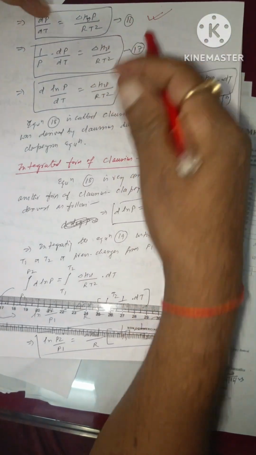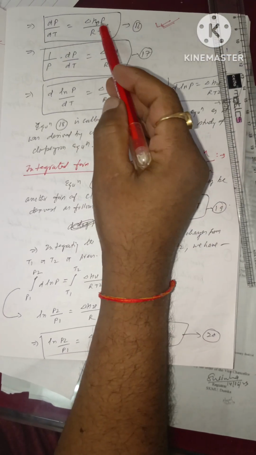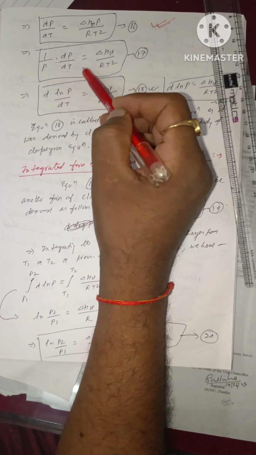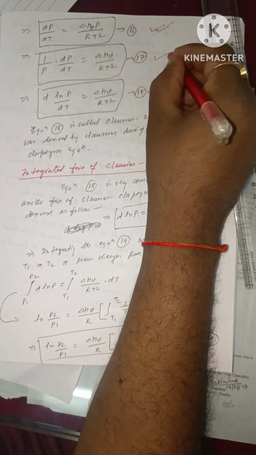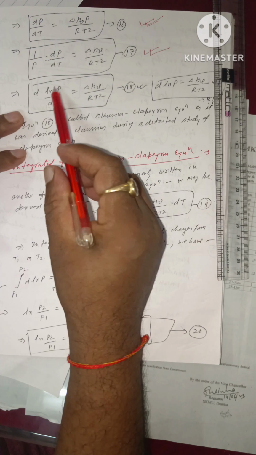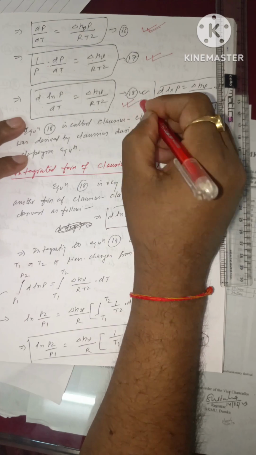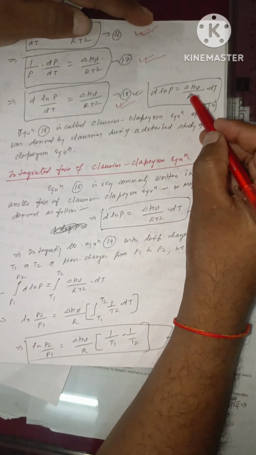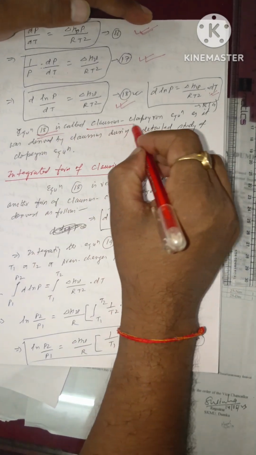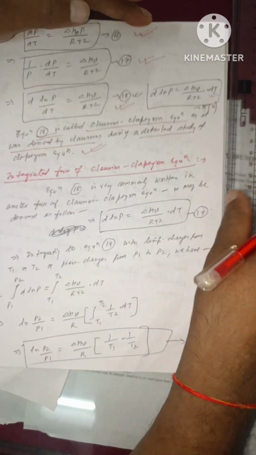Taking P to the left hand side, 1 upon P into dP upon dT is equal to delta Hv upon RT square. Say it equation number 17. Or d ln P upon dT is equal to delta Hv upon RT square. Say it equation number 18. Or d ln P is equal to delta Hv upon RT square into dT. This equation 18 is called Clausius-Clapeyron equation, as it was derived by Clausius during the detailed study of Clapeyron equation.